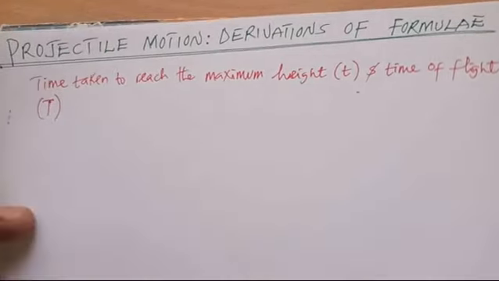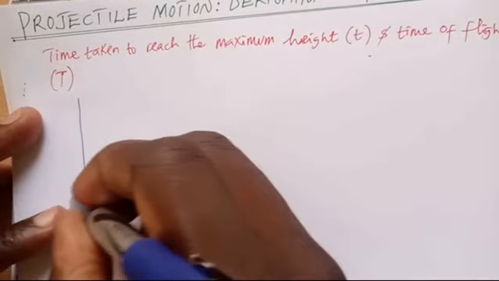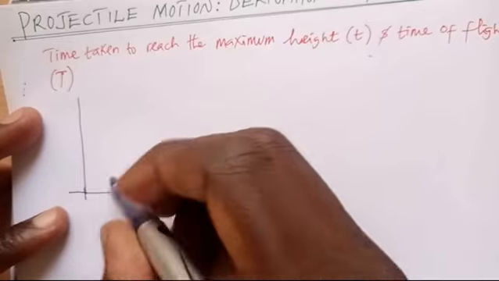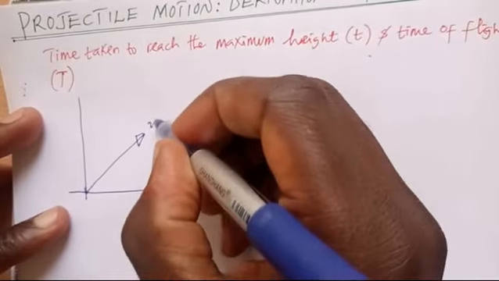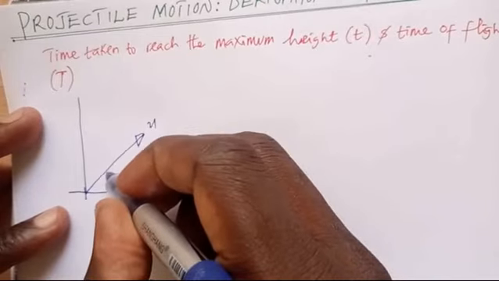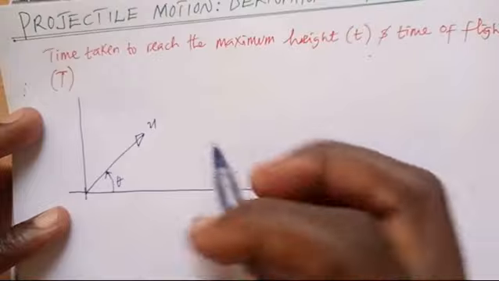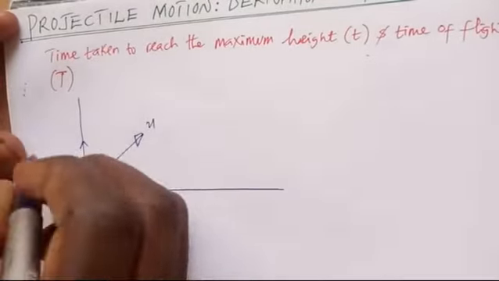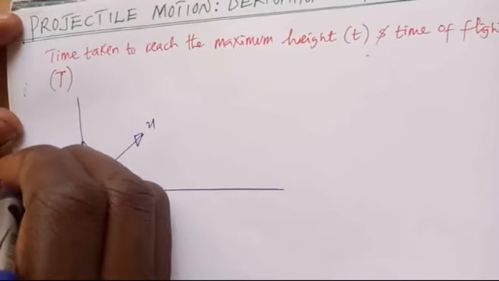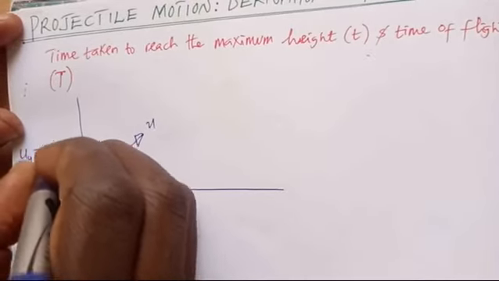I'm going to draw the general case here, and then we explain what is happening. Remember what we said: if the projectile is projected with an initial velocity u, it makes an angle theta with the horizontal. Then it has a vertical velocity. This vertical component of the velocity is u sub y and is given as u sin theta.